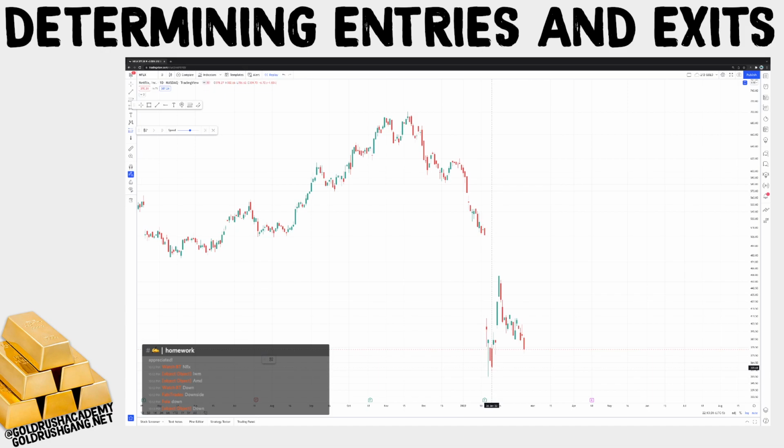No wrong answers. Candle A, which is today's candle, or candle B, which is a candle from a couple of weeks ago. Which one would you enter at if you want to play downside?